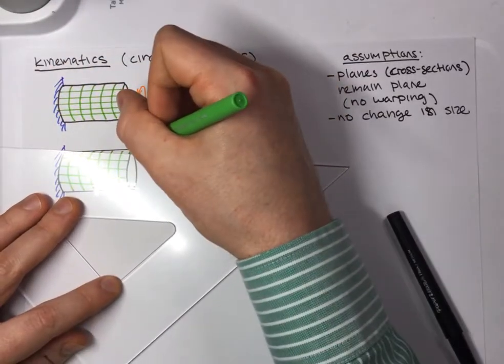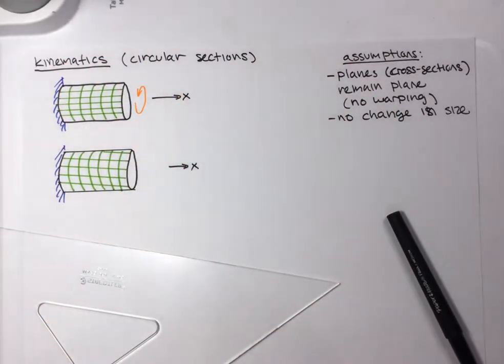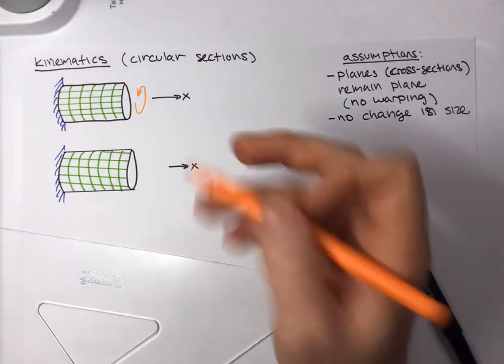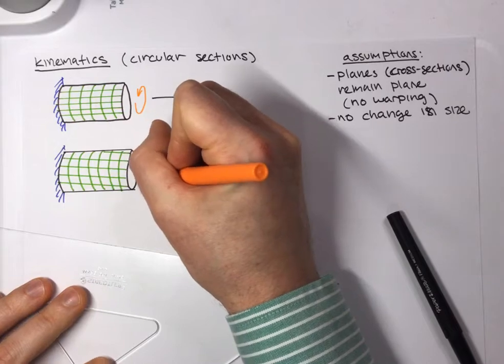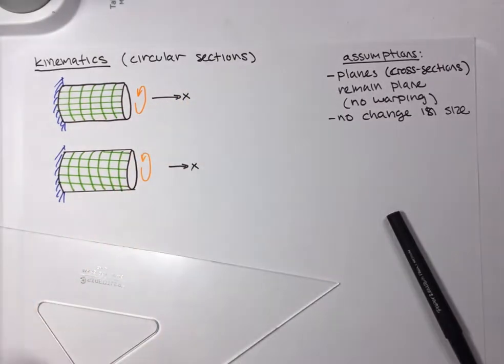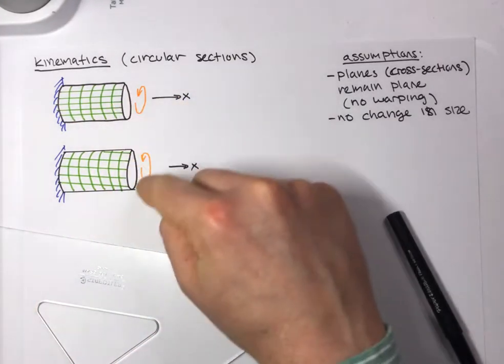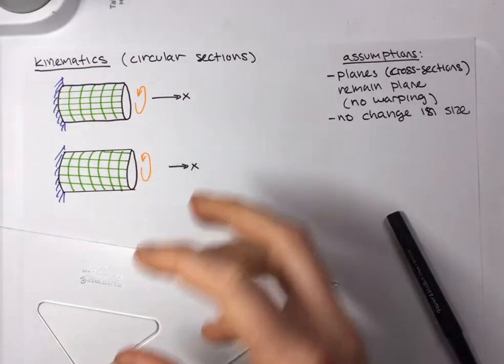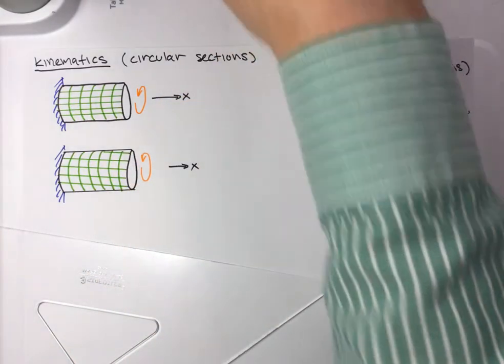And maybe I could draw one more that's rotated around from the other side. So in doing this, there's our rotation. We've taken our lines and we've angled them.